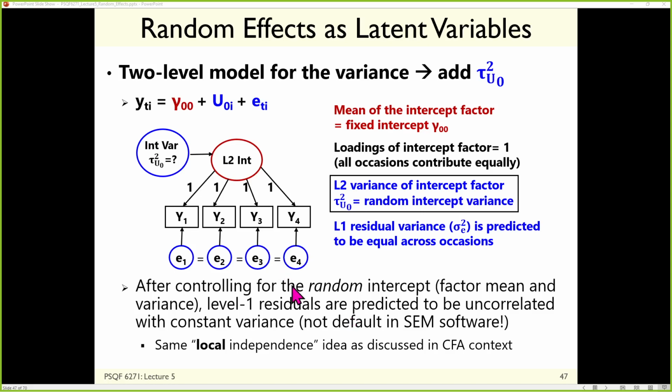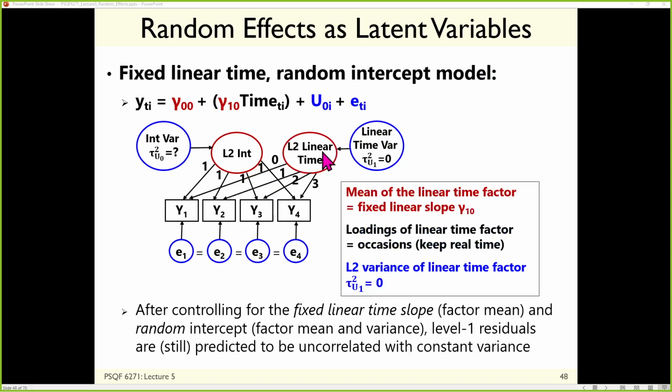If I want to add a time slope, that's another latent variable. I have to define the time slope using fixed loadings, where the loadings correspond to what the time column would be in my data set for multi-level. So in the example that we just finished, it would be 0, 1, 2, 3 for this. If I only have a mean for this latent variable and I shut off its variance, that's the same thing as only having a fixed slope for time.